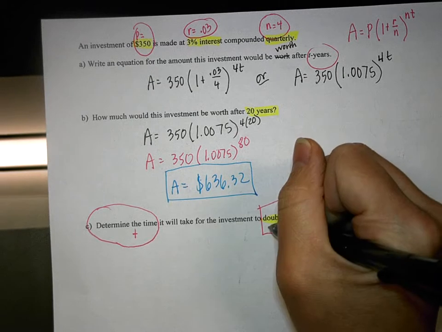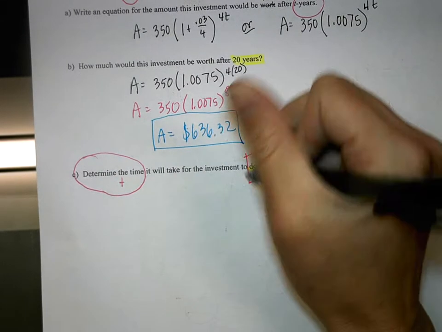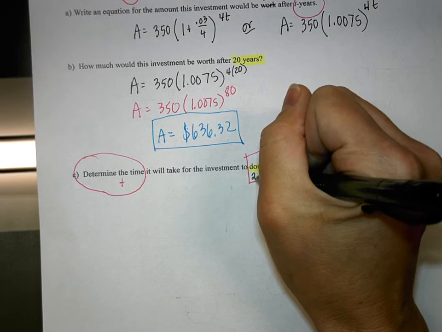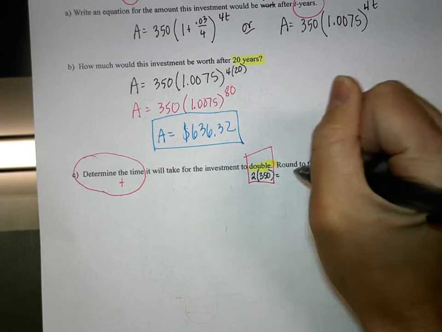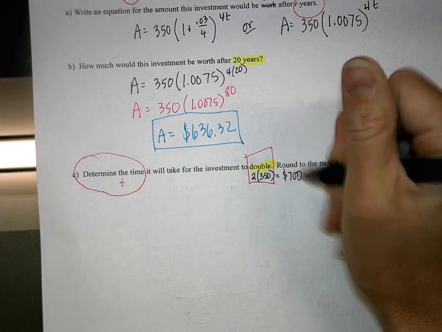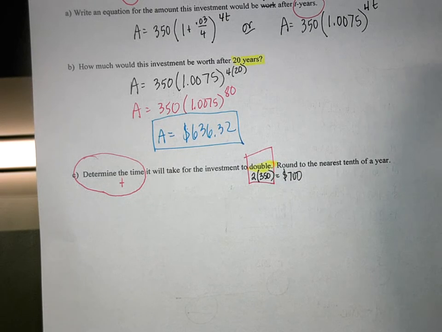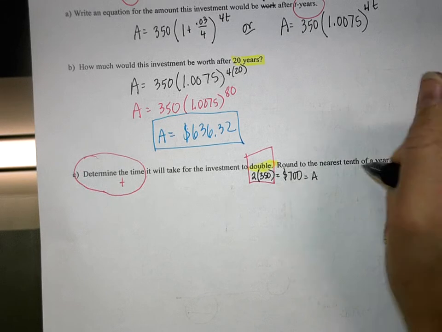My initial investment is 350. So when you're doubling that, you're going 2 times 350, which is how much? $700. And 700 is going to be which value? A. And then it says round to the nearest tenth of a year.